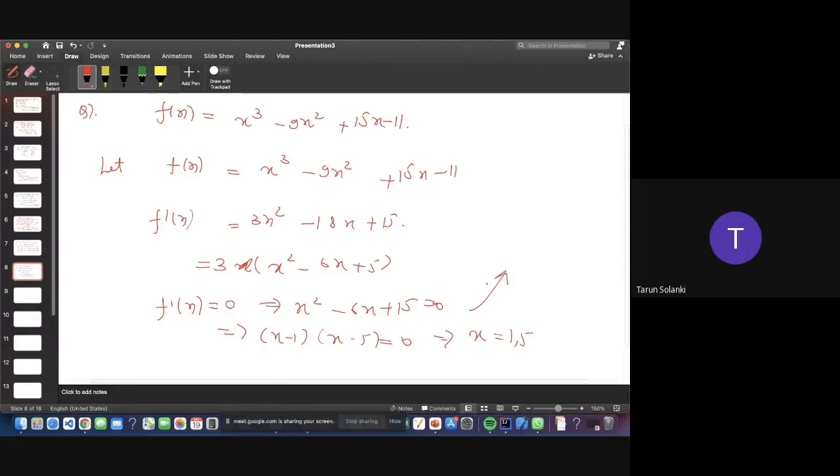So again differentiating, f double dash 1 is minus 12, which is less than 0, so x equal to 1 is a point of maxima. And f double dash 5 is equal to 12, which is greater than 0, so x equal to 5 is a point of minima.